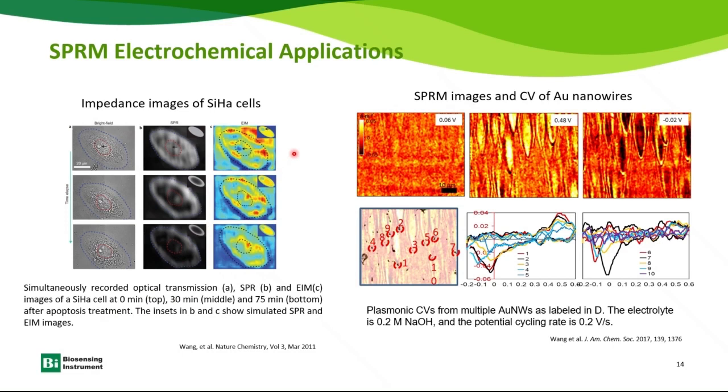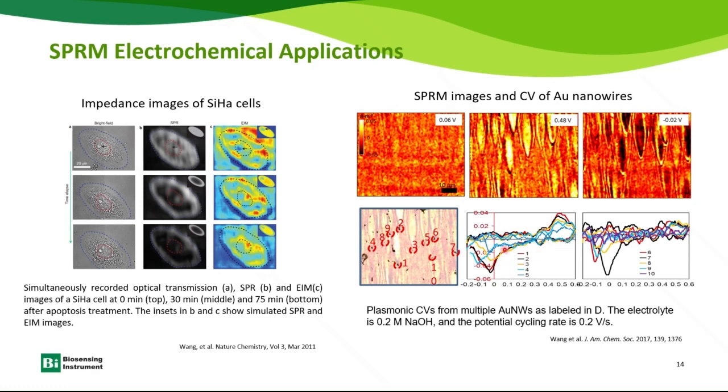And the second example shows using CV to study the individual gold nanowires on the chip surface. Each of the gold nanowires shows up with an interference pattern on the image, and they can be labeled from here. For each of the gold nanowires, you can have a CV based on the SPR signal.